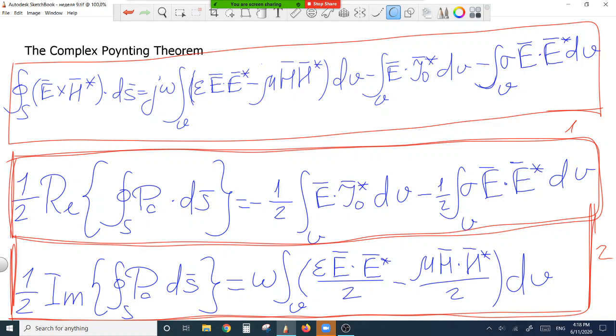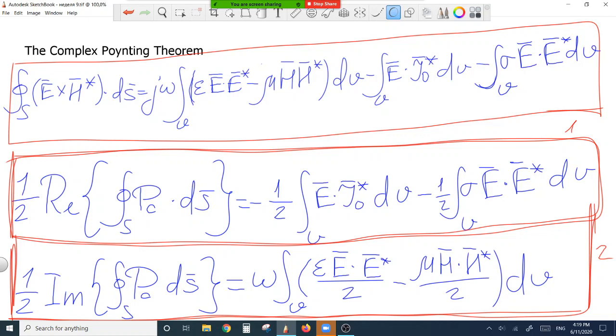Equation number 1 gives the real power balance in the volume. The left-hand side of equation 1 is the net outward flow of power through the surface enclosing the volume, and the first term of the right-hand side is the net source power. In this case the source is outside the volume, that's why we have a negative sign.